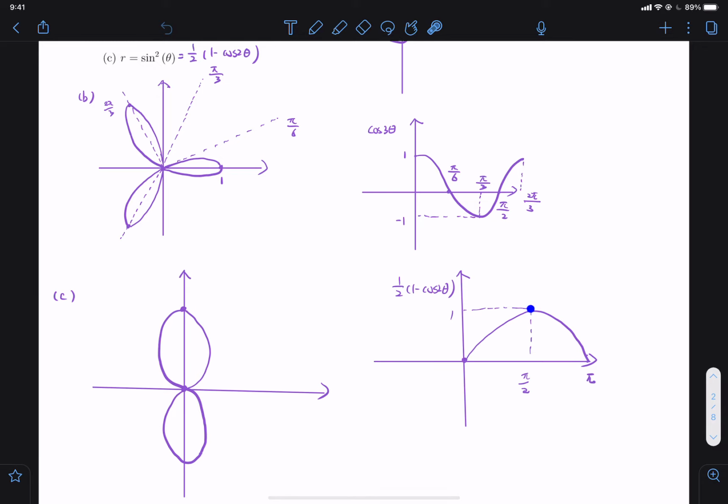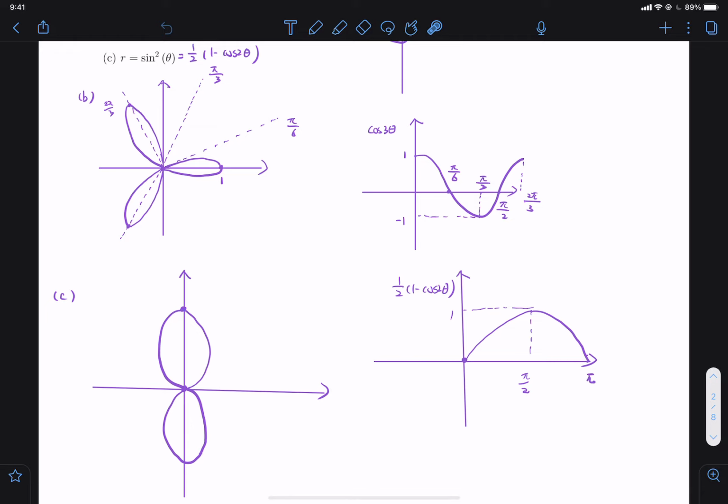And the distance has the maximum value 1 right at theta equal to pi over 2. So you can see that this point goes like that and has the greatest distance here. That is the farthest point, at theta equal to pi over 2.